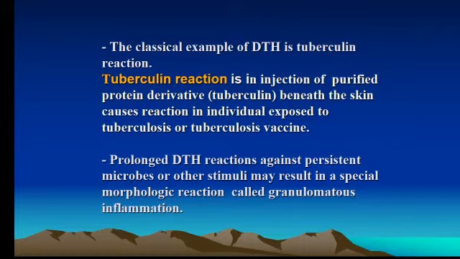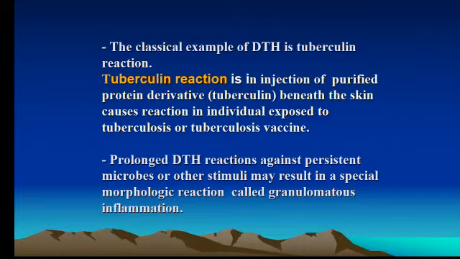As we can see here, tuberculin is an injection of a purified protein derivative beneath the skin that causes a reaction in individuals exposed to tuberculosis or the tuberculosis vaccine. We talked about this pretty briefly: the classical example of DTH, which is type 4 hypersensitivity, is the tuberculin reaction.